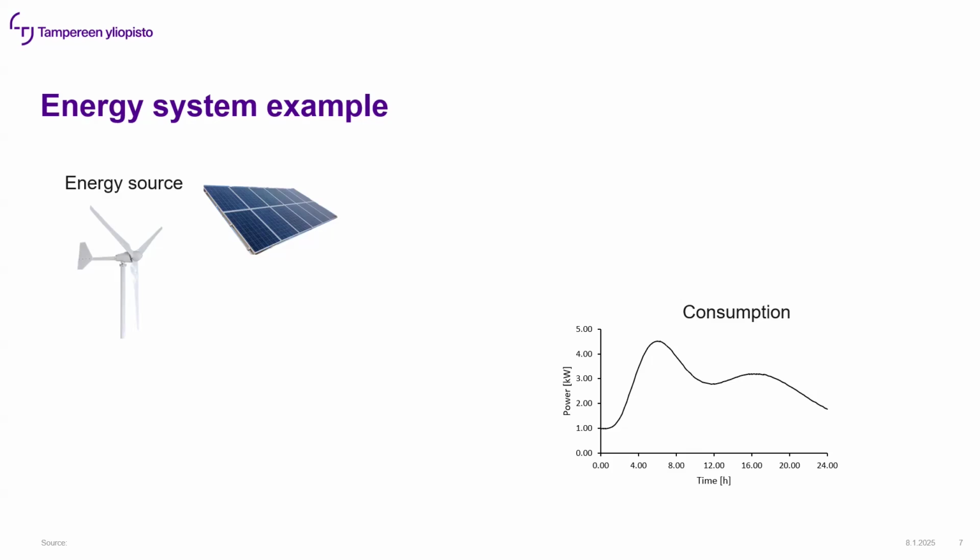So that's a rather reasonable consumption profile. So you have less consumption during the nighttime, you have something in the morning, and something in the afternoon hours. Maybe this is not representative of this kind of military system, but we'll look at that.